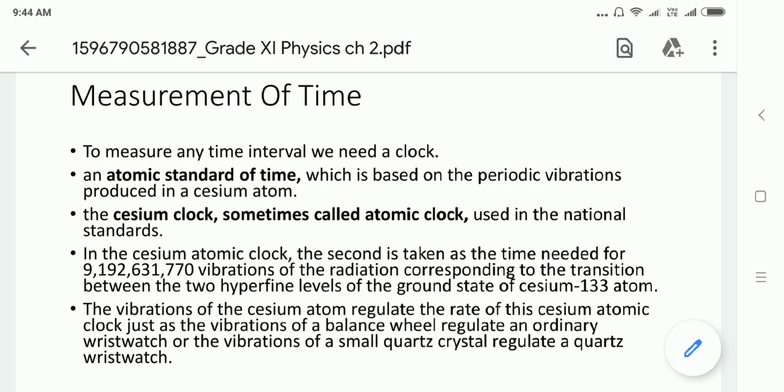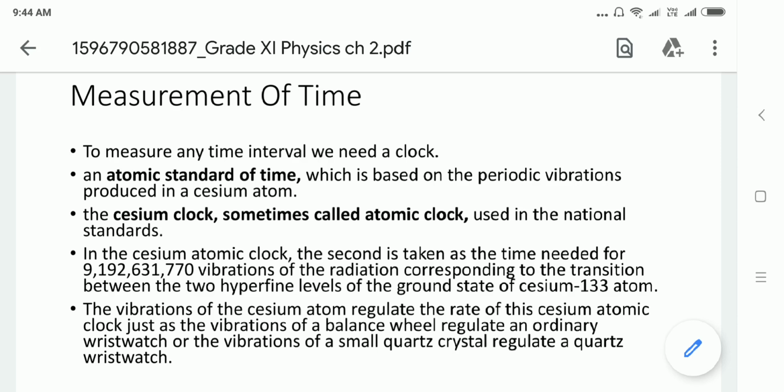It's based on vibration of an atom, and here we are using the cesium atom. So this standard time can be maintained by the cesium clock, which is also known as the atomic clock.